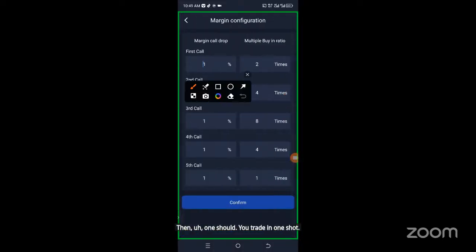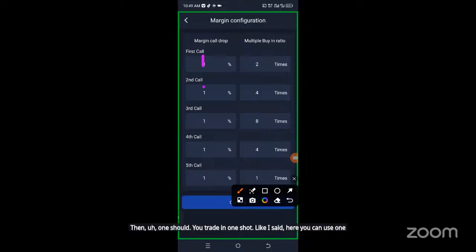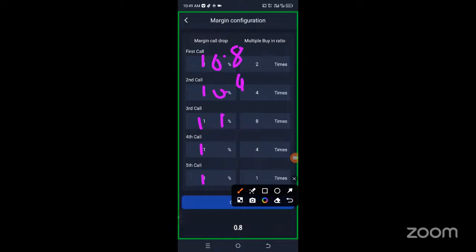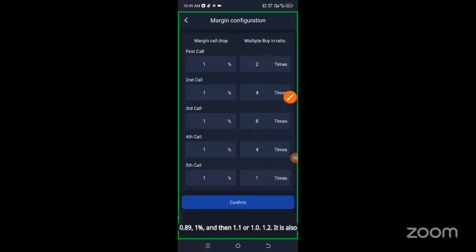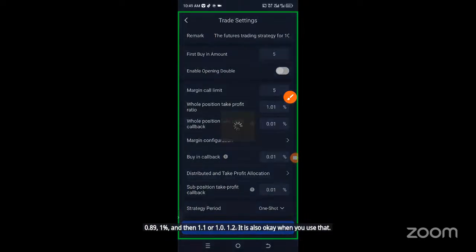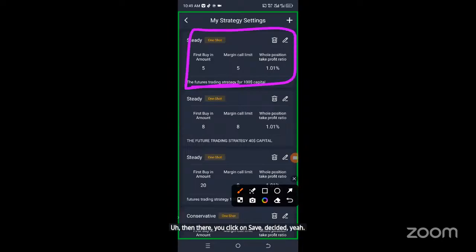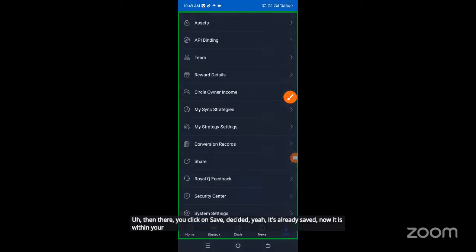Like I said, here you can use 1%, 1%, 1%, 1%, 1%, or you can use 0.8 here, 0.9, 1%, and then 1.1 or 1.2. It is also okay. Then you click on save. The strategy is already saved. Now it is within your RoyalQ application.